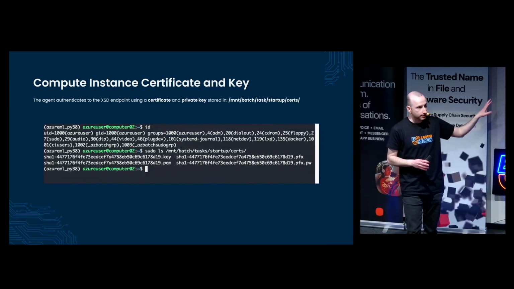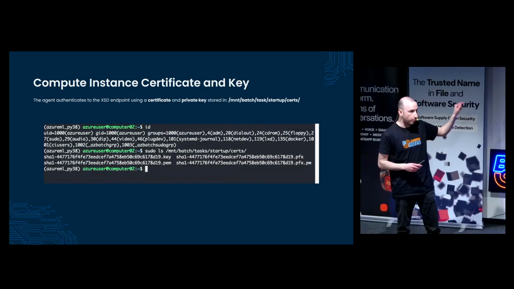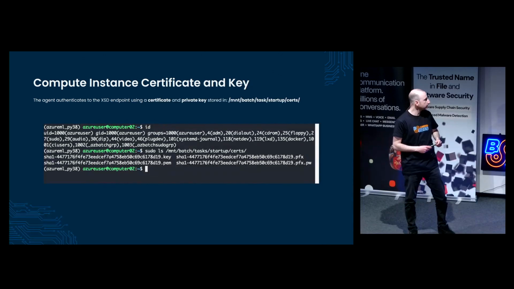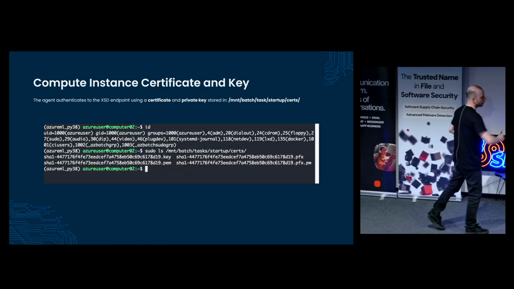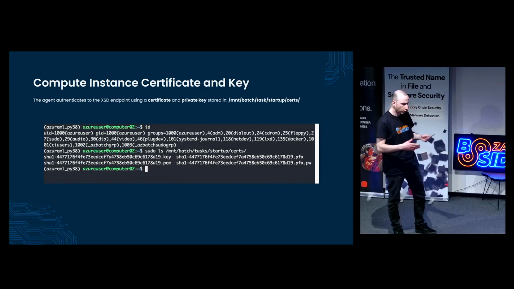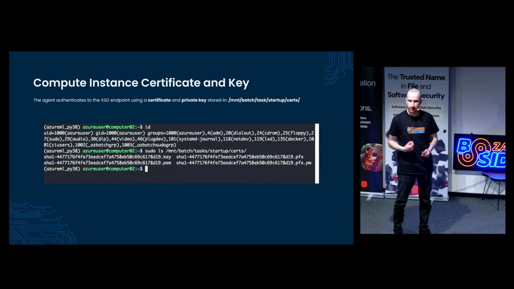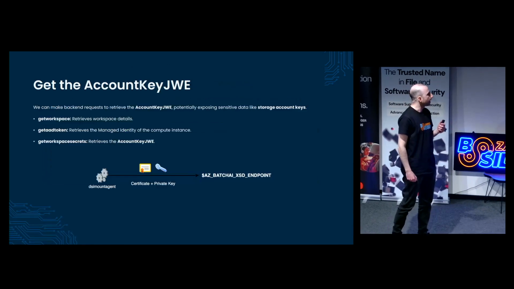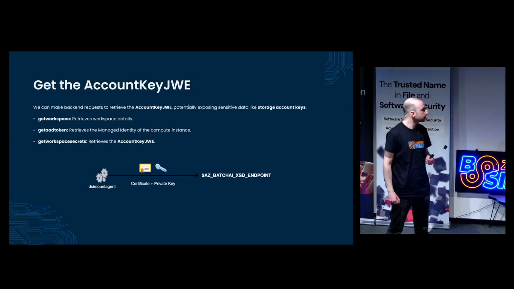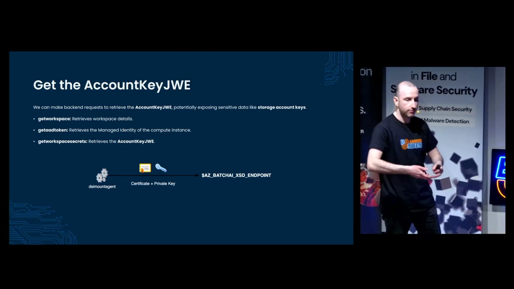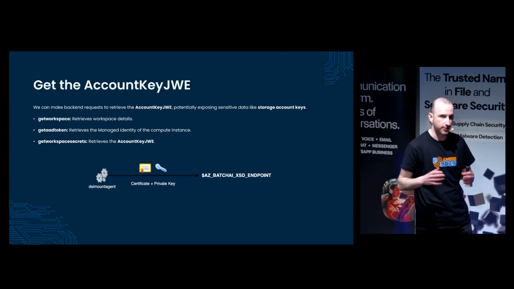This private key and certificate are stored on the compute instance, so you can find this directory here, the key, the PEM file, and the PFX file, okay? So you are an attacker, you are here, and what you do is you take these two files, right? Because with these two files, you can basically connect to the XSD endpoint and retrieve a few things, okay?